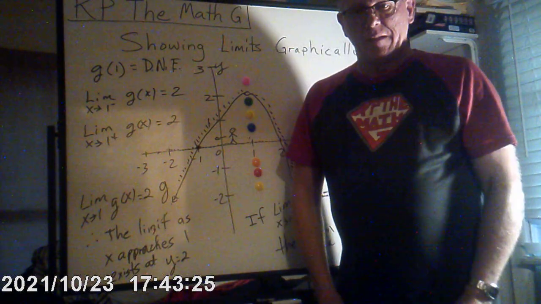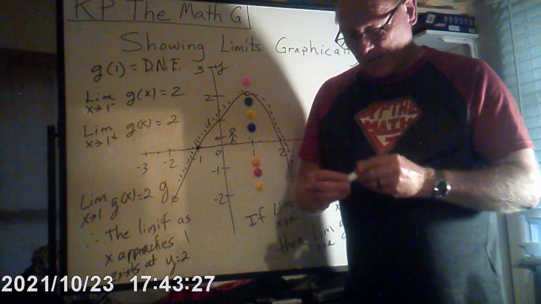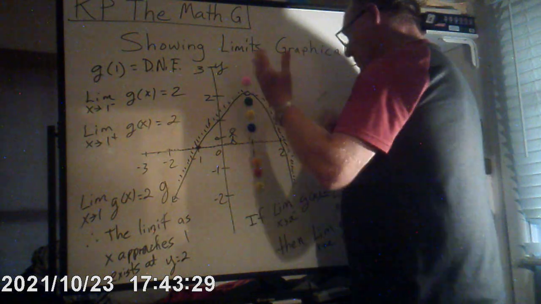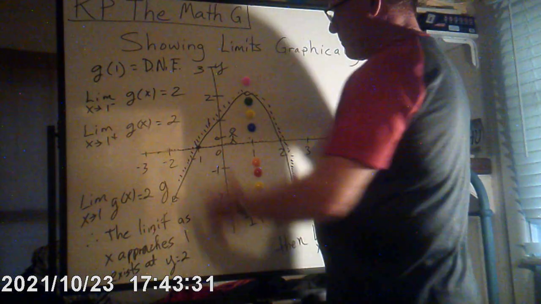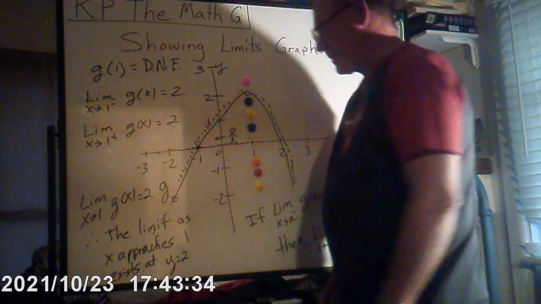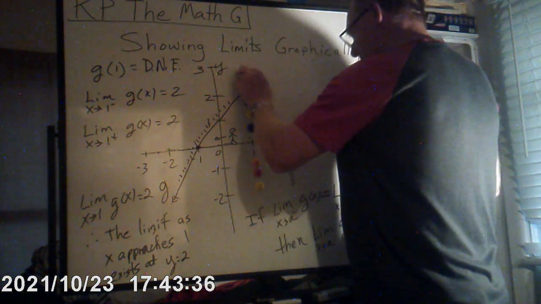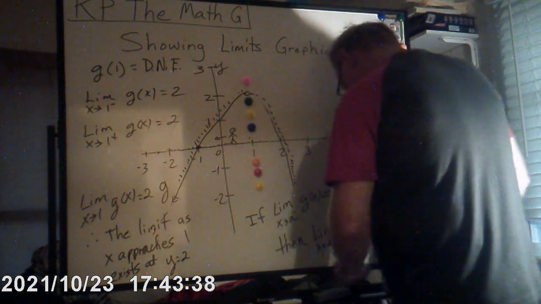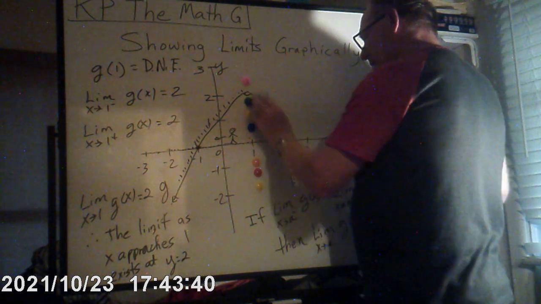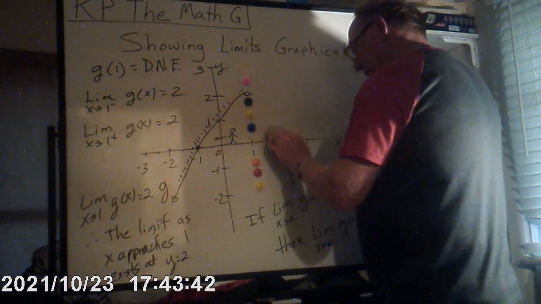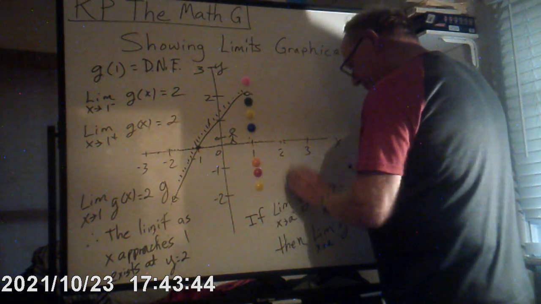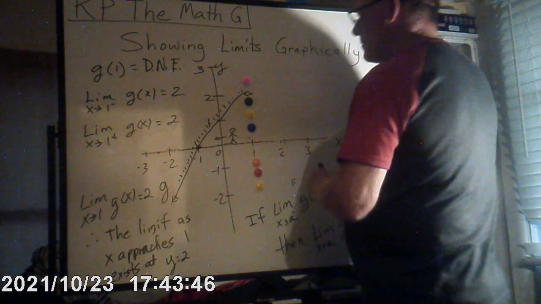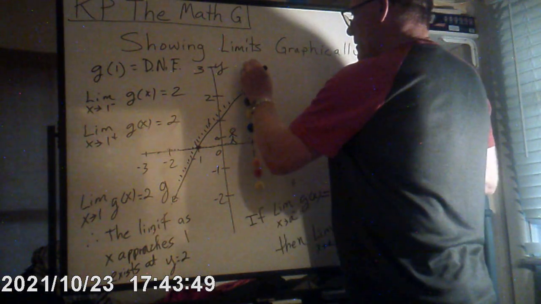Alright. One final thing is, let's find one where the limit does not exist. Well, we are going to leave this here. I'm going to erase this part right here, and I'm going to put something.